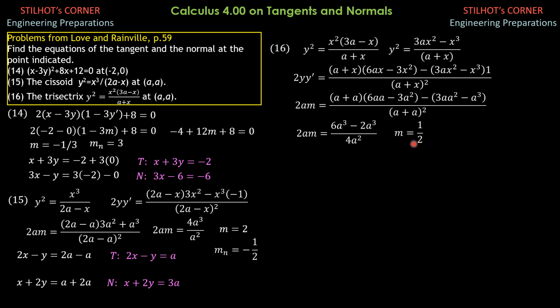The slope of the normal is the negative reciprocal, so -2.